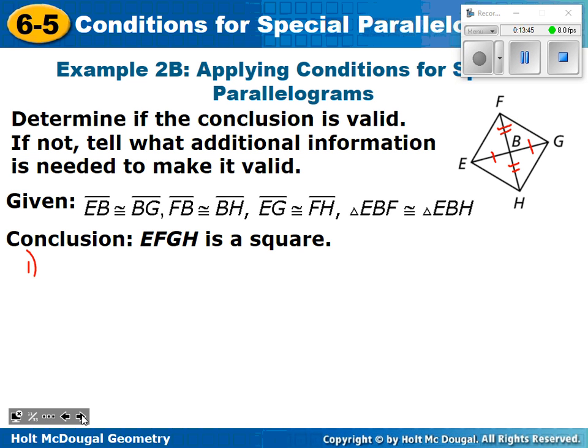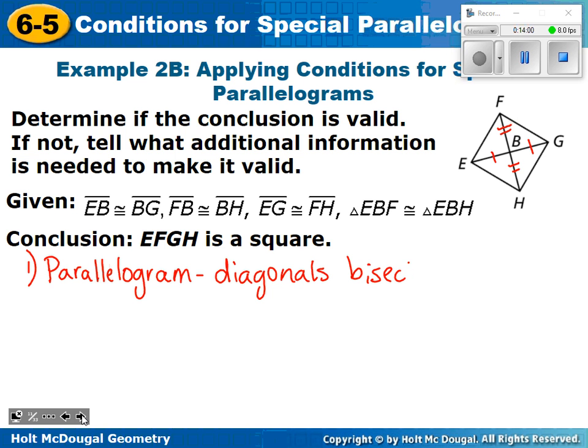So the first thing we could say is, and I'm going to go ahead and list this, it is a parallelogram because of the property that diagonals bisect each other. Again, another reason you really need to know your properties because you'll have to use them to explain.